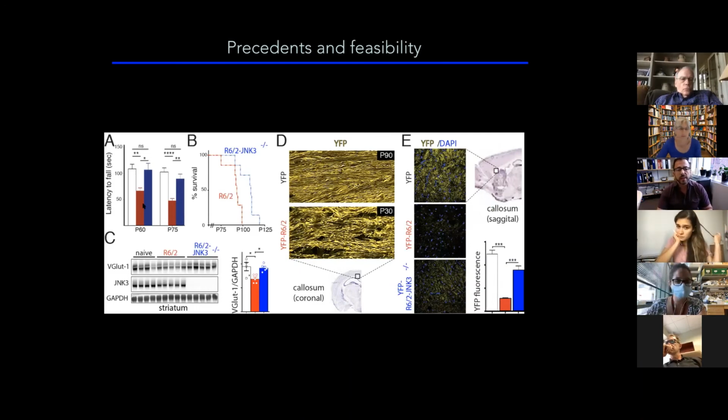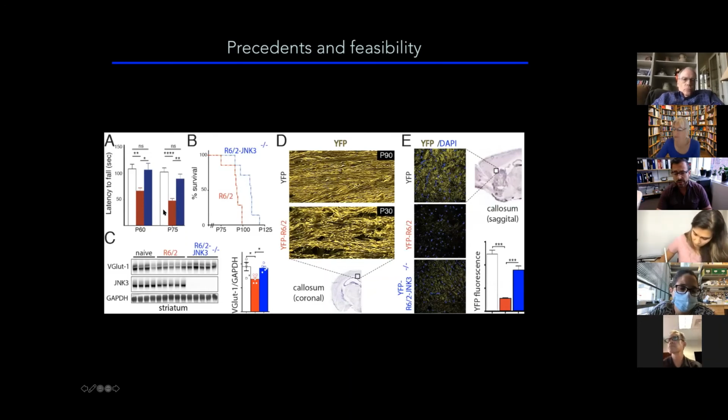And you can see that, of course, the R62 performs very poorly in comparison to the wild type. But what blew our minds was that deletion of JNK3 in this mouse model produces a very dramatic recovery on this particular phenotype. And that was true at 2 different ages. This is considered fairly late stage for the R62 mice.